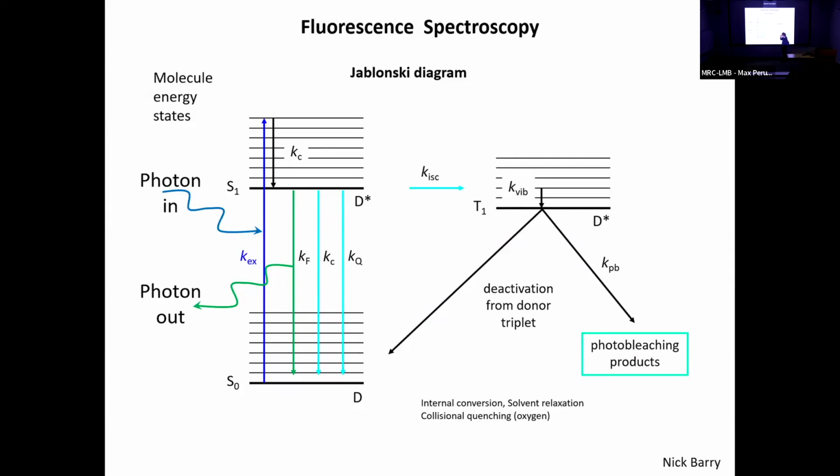But it also allows us to think about other things that go on, like photobleaching. We can get intersystem crossing into triplet states. We can just return to the ground state without emission of a photon, so the sample just heats up effectively, things like that.